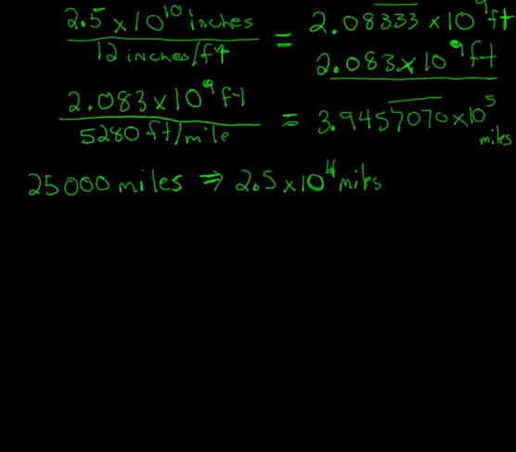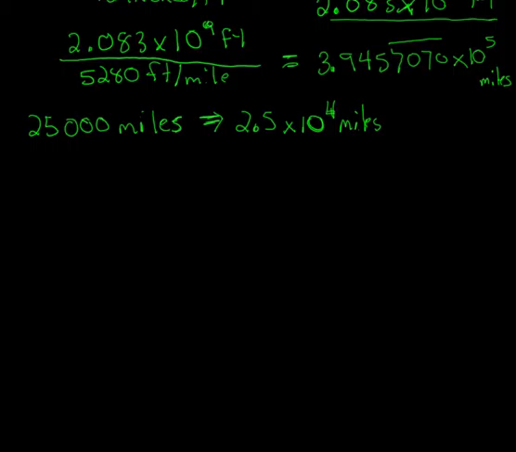So we want to know how many times this goes around. So we're going to divide the bigger number, the number of phones we have, by once around. And this will tell us how many times we can go around. So 3.945707 repeating, not rounding right now.